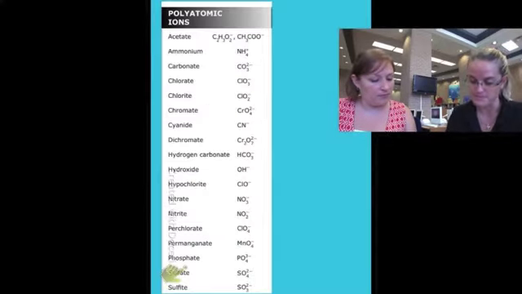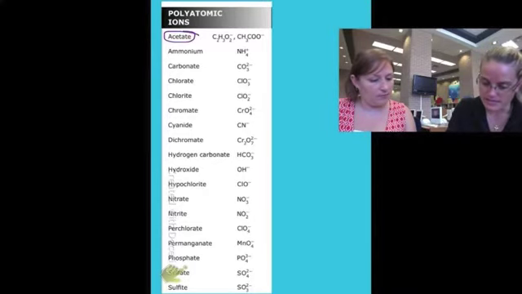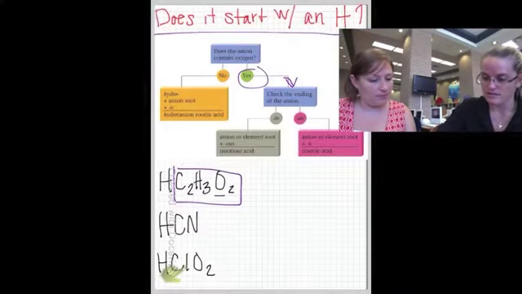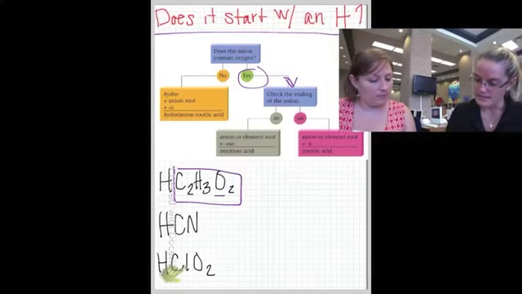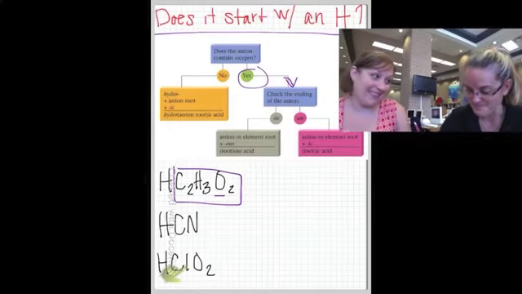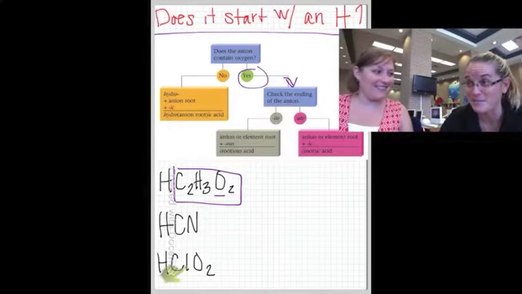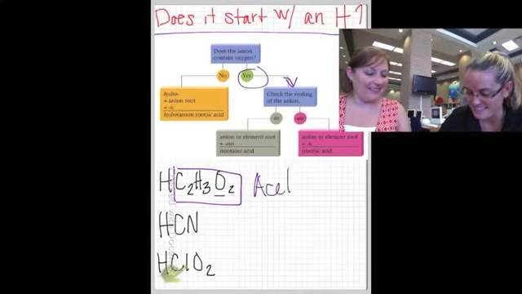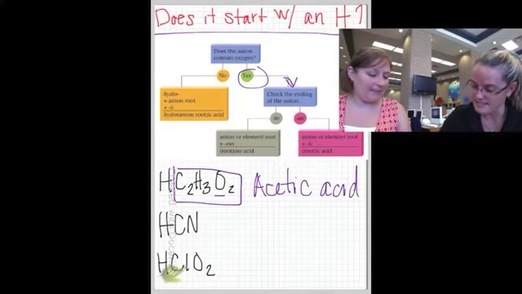That's a big one. Okay, so it's acetate. You ate it, and it's icky. So it's not acetate, but acetic. And then acid. Good.